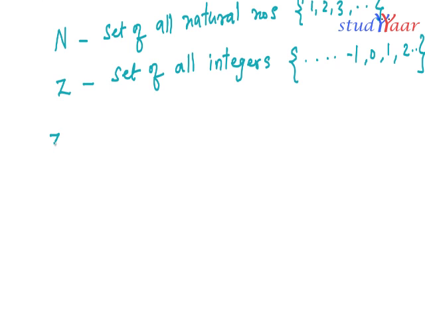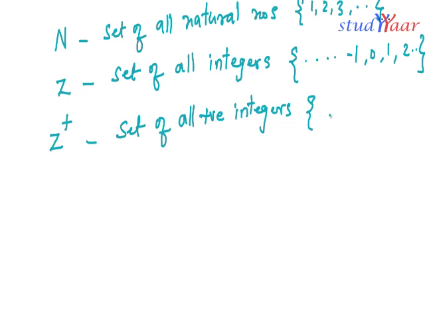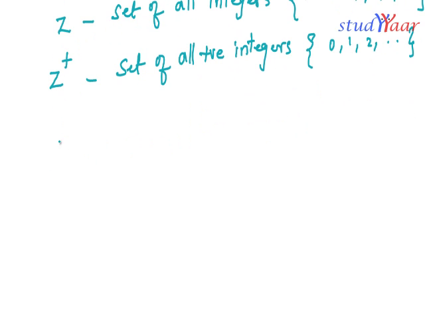Then we have the set of all positive integers represented by Z plus. So it is going to be something like 0, 1, 2 and so on, only in the positive direction. Then we have the set of all rational numbers.